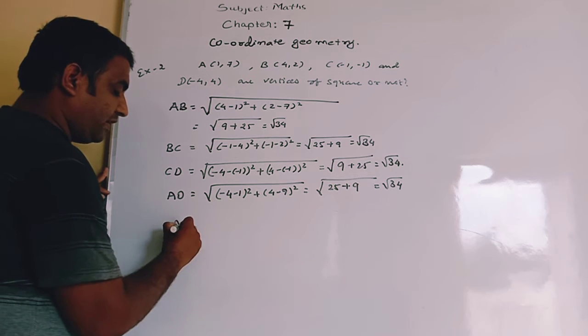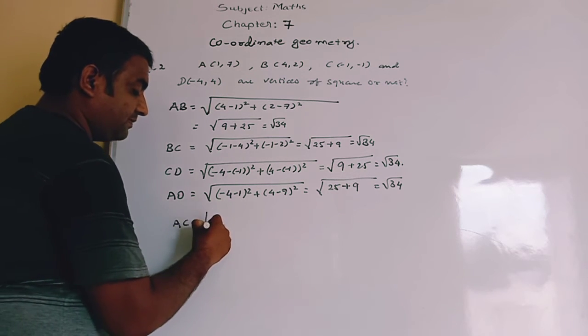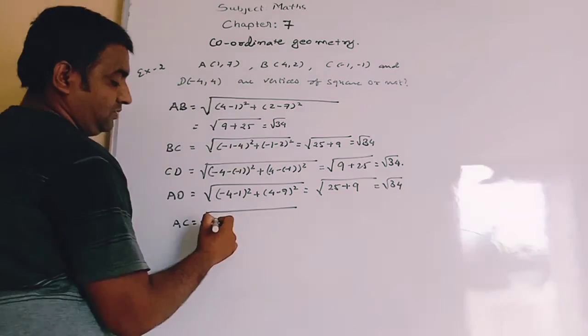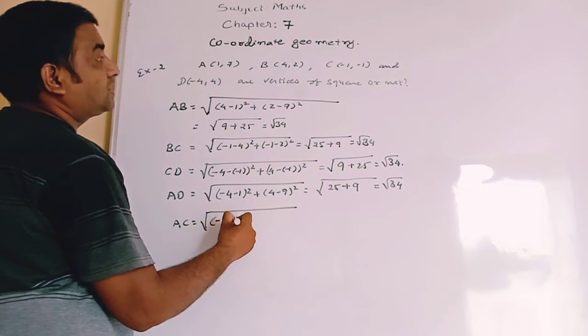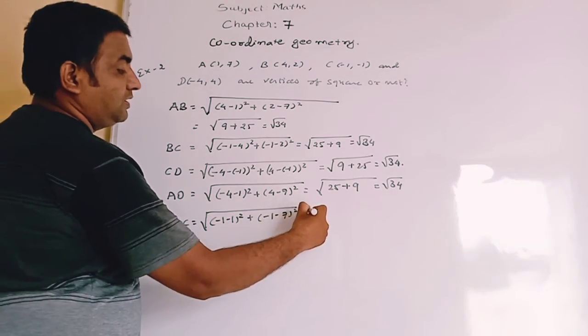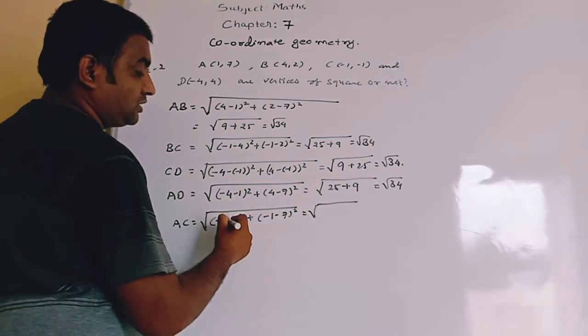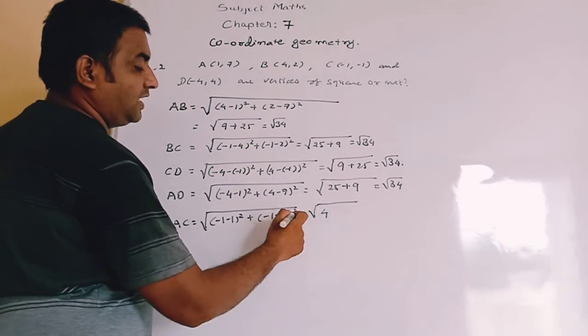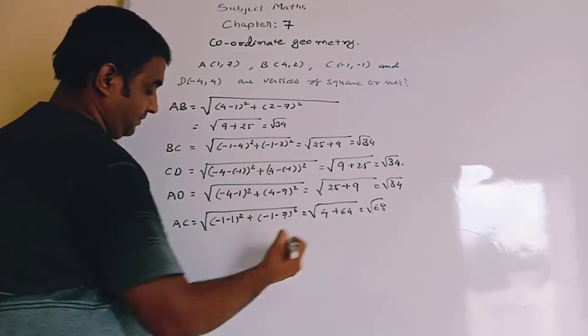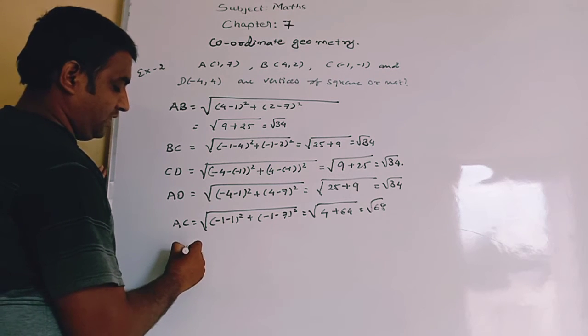So we will find out diagonal AC length. Then here (1 - (-1))² plus (-1 - 7)². So it is 2 square 4 and minus 8 square 64. So it is root 68. And BD we find out.